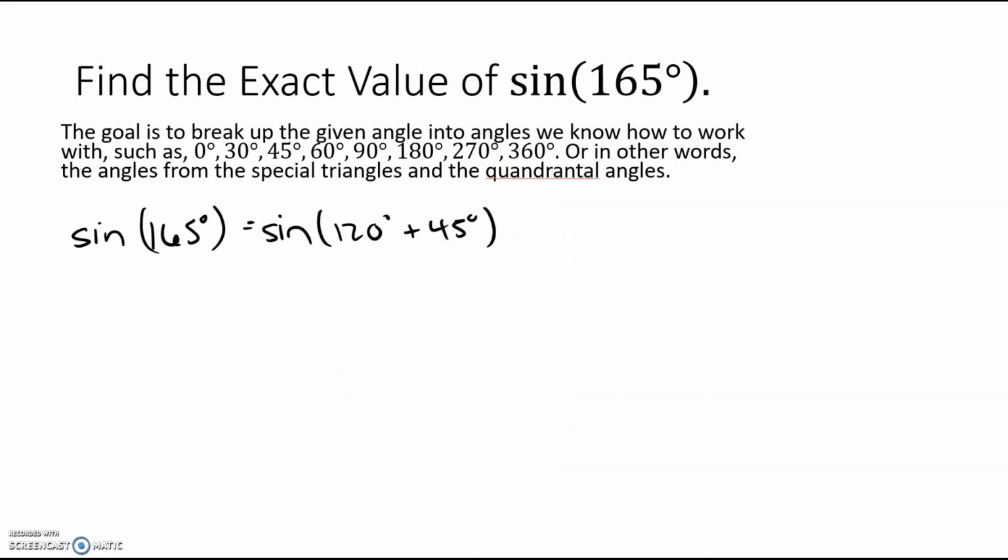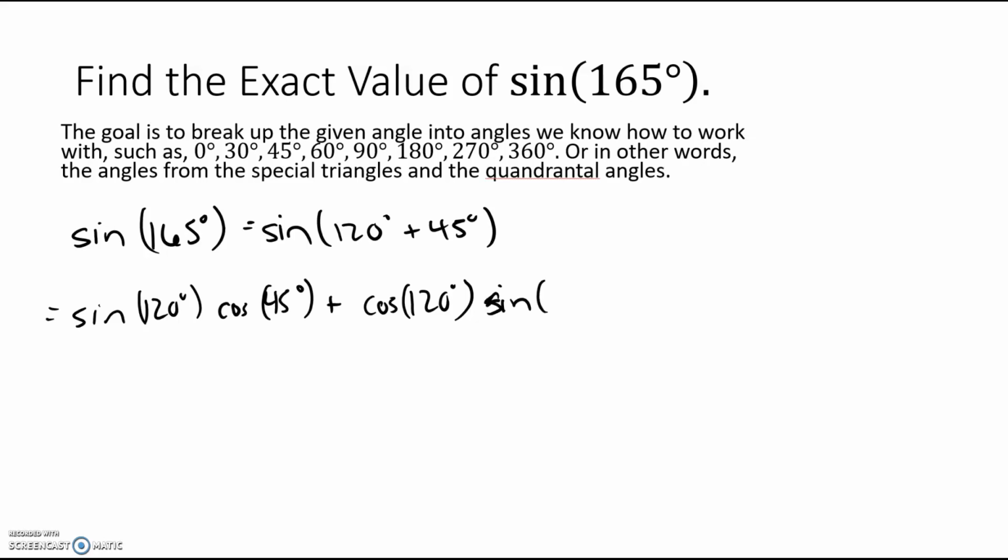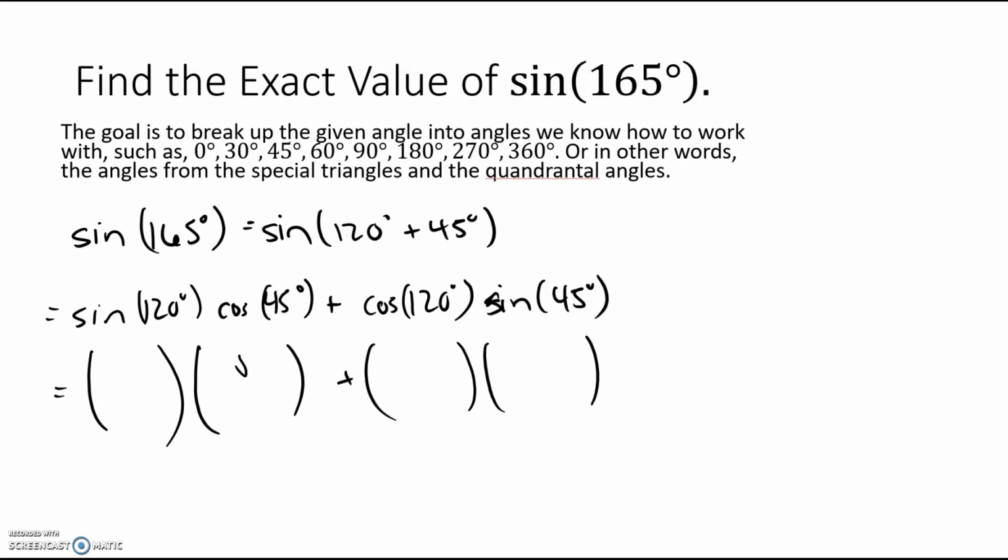Okay, so this will have sine of 120 cosine of 45 plus cosine of 120 times sine of 45. Okay, now we know cosine and sine of 45. We use that a lot in the first part of the section.